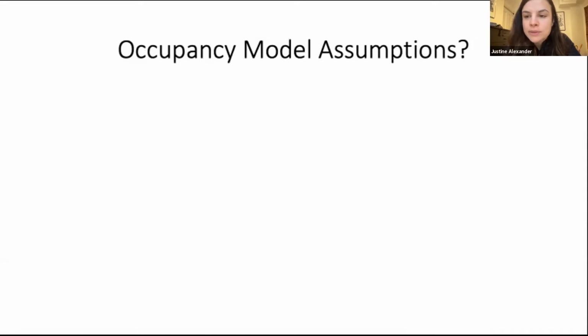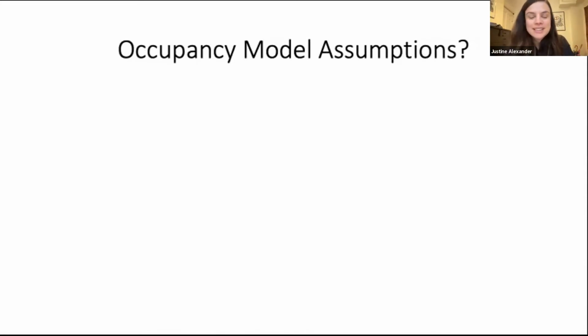You're on mute, Kustub. Okay. Yes, I found the annotation option. There we go. Right. Bring it on, people. What do you think are the assumptions of occupancy modeling? And again, please pop them in.